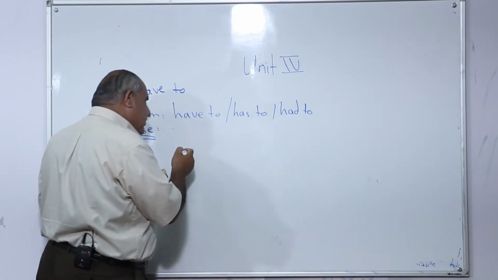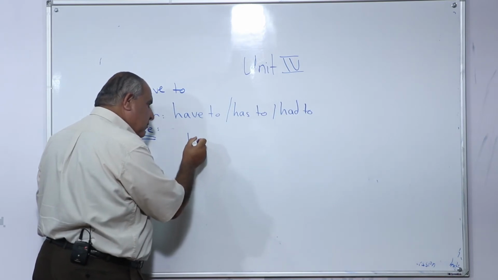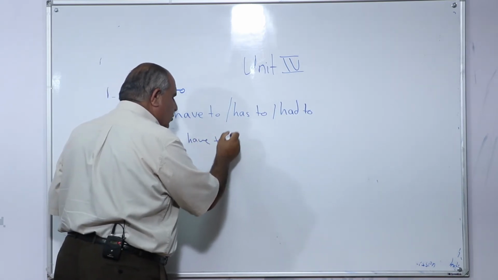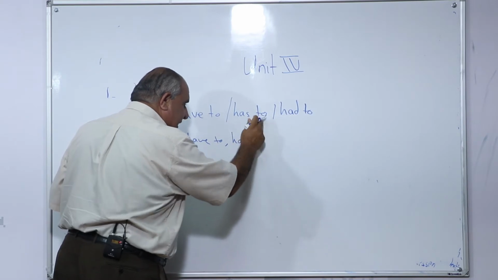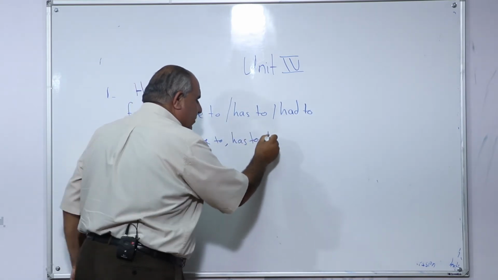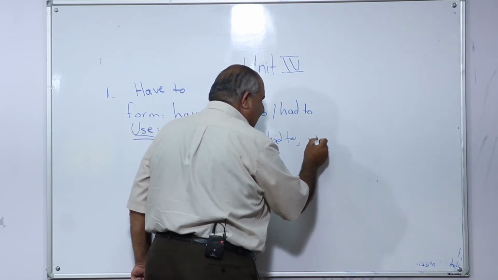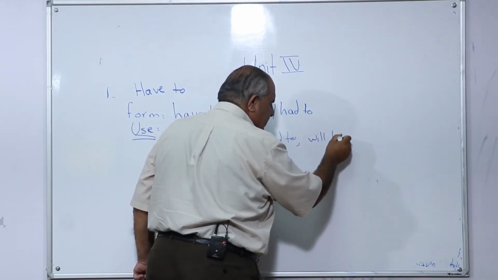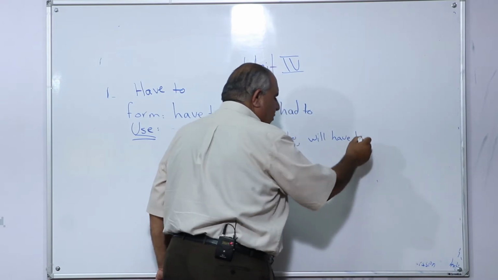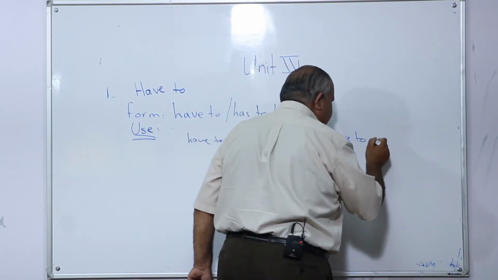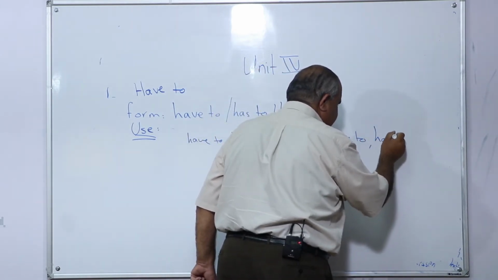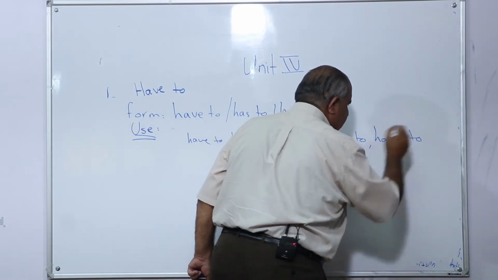And we can use it as have to or has to, as we said here, or had to in the past, or we can use it will have to, or we can use it having to in the case of the gerund.